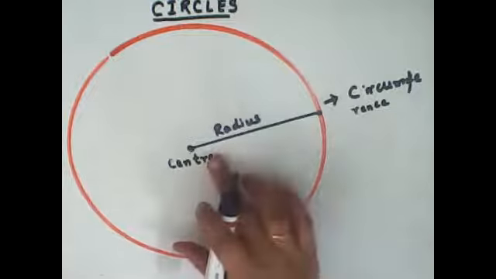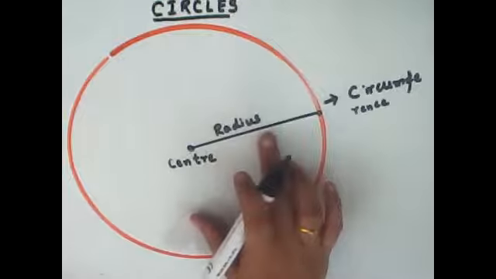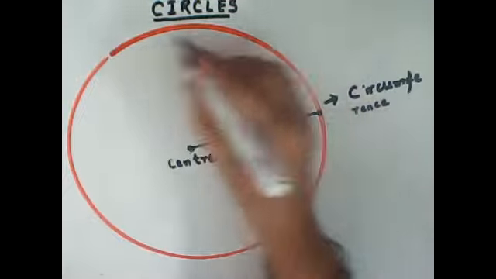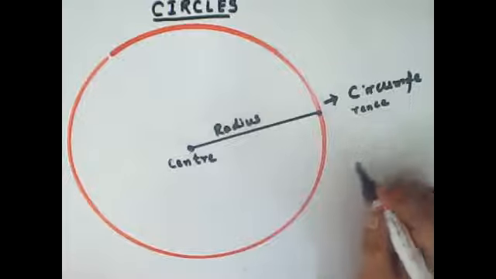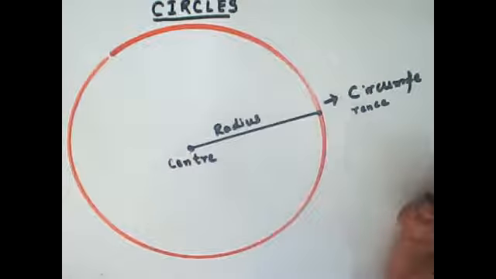Right? We can draw many radii to a circle. Radius is the singular. Radii is the plural form of the radius. So as many points are there on the circumference of the circle, so many radii we can draw. There are infinite points on the circumference of the circle, so we can draw infinite radii.